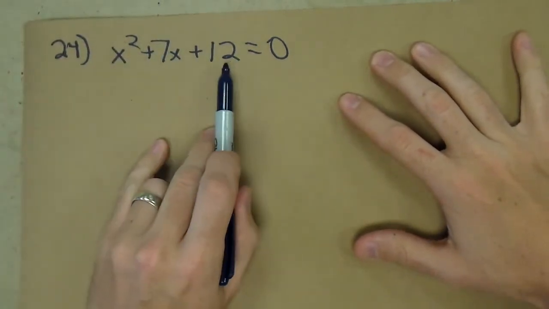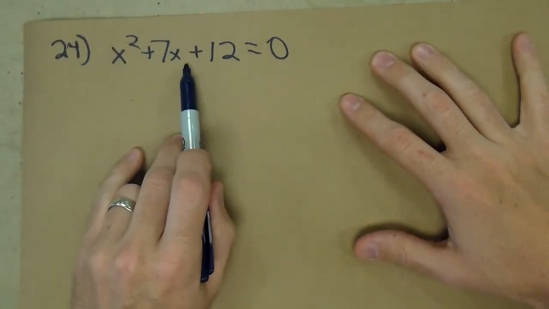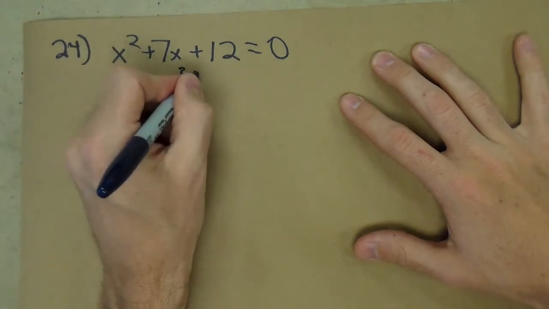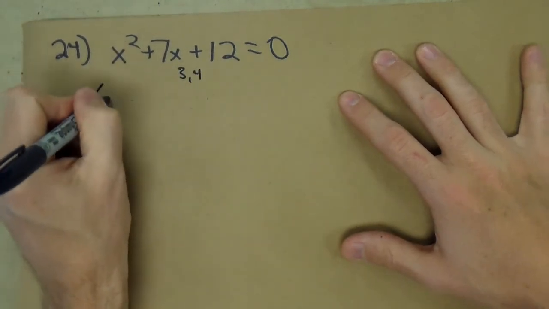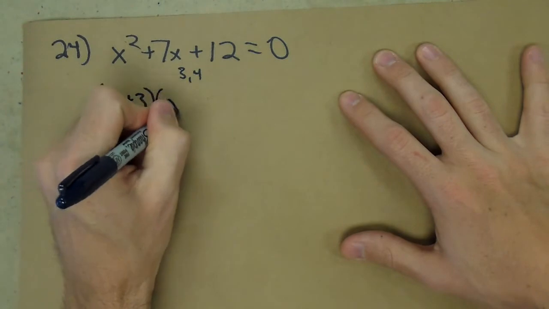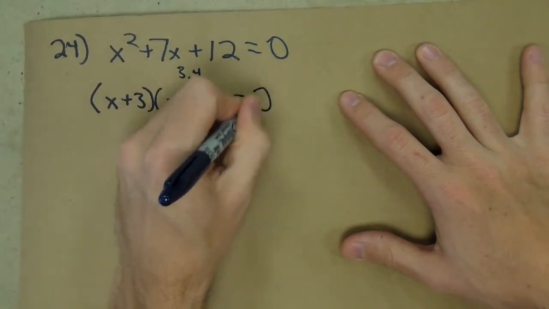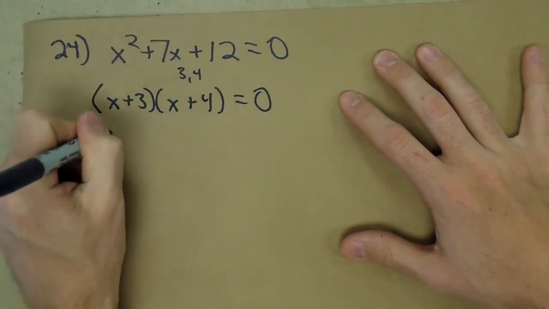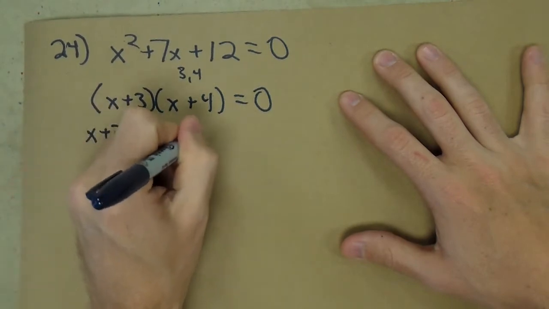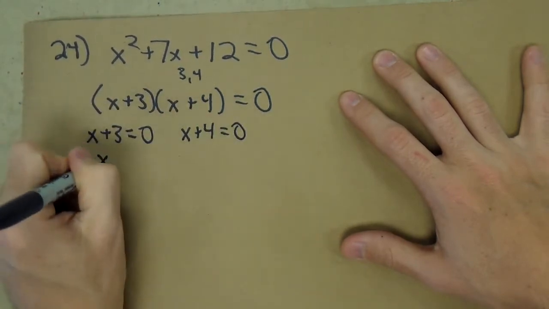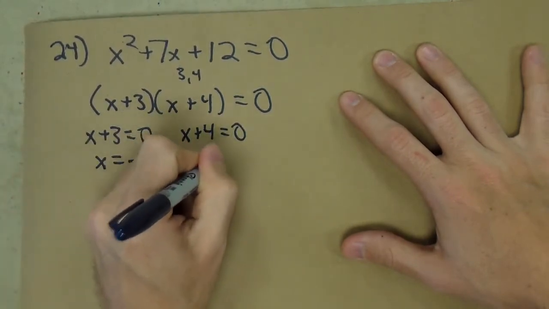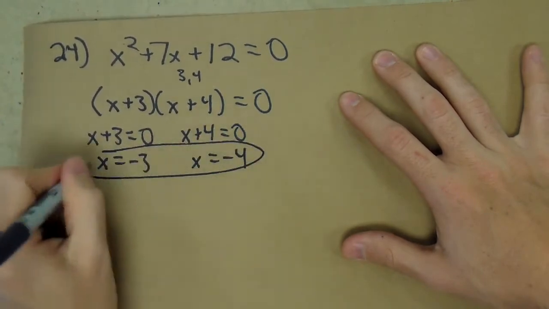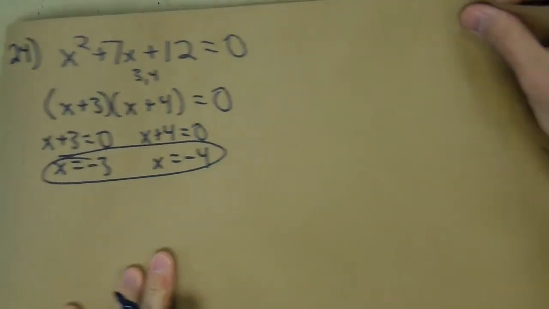So one thing I can look at is I want to multiply to 12 that adds to 7, and I can quickly see 3 and 4 would do that for me. So I'm going to write x plus 3, x plus 4 equals 0. Then by the zero product property, I set each of those equal to 0. And I get x equals negative 3 and x equals negative 4. And those are my two solutions.